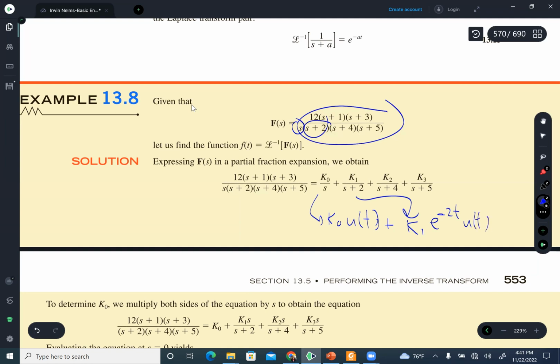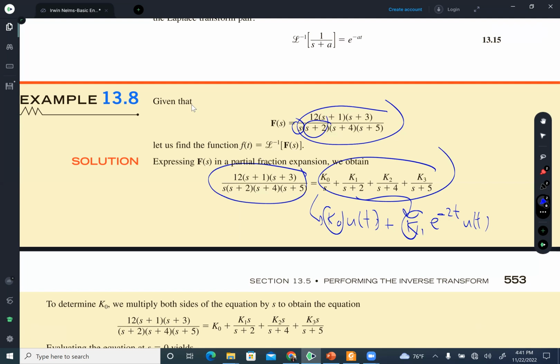So these are Laplace transform pairs, and k0 and k1 are just constants. We need to figure them out, right? The challenge is basically to write this expression in this form. Once you do that, then you go to the table and you use properties of the Laplace transform. So how do we find these constants? Well, we talked about that last time.